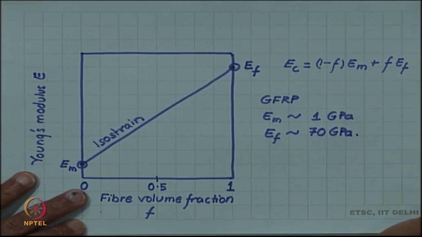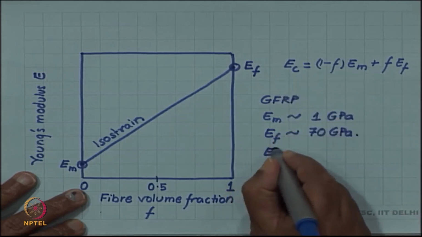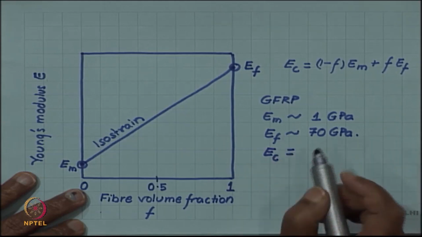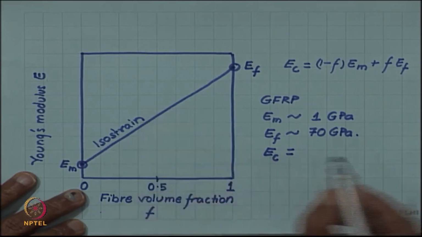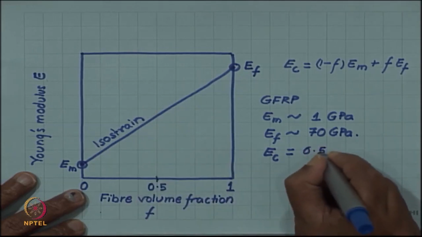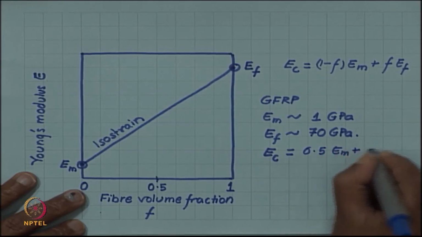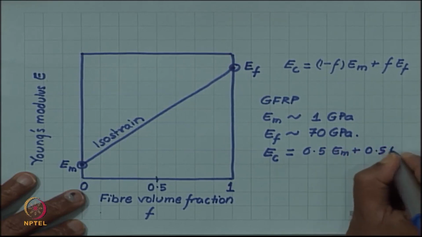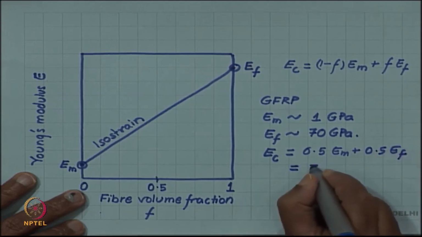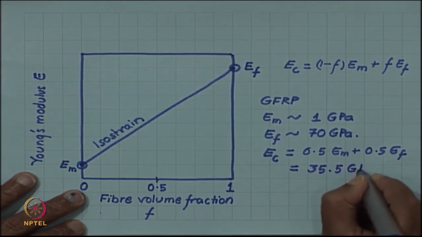So, you can see that in this formulation E c, let us say for the 50% composite, E c will become 0.5 E m plus 0.5 E f, which will be 35.5 gigapascals.